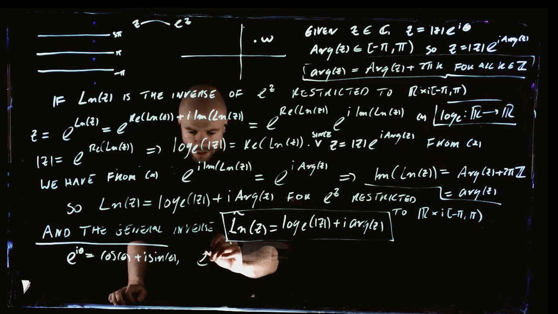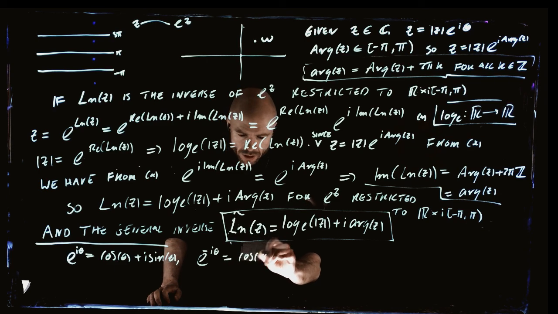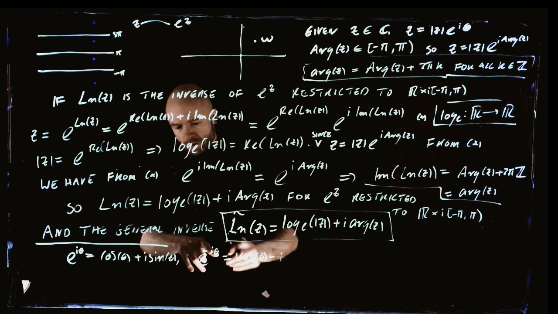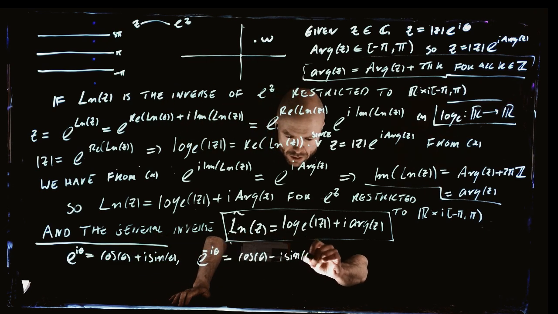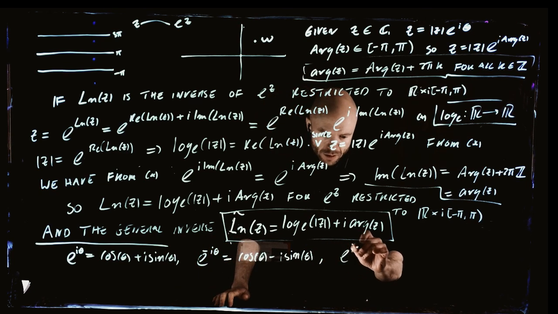So e to the minus i theta is cosine of theta minus i sine of theta, because sine is odd, right? So we put the minus theta through, we pull it out. So if we add these things together, and we divide by 2, we just get cosine.